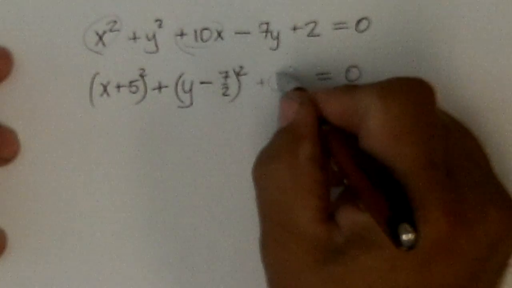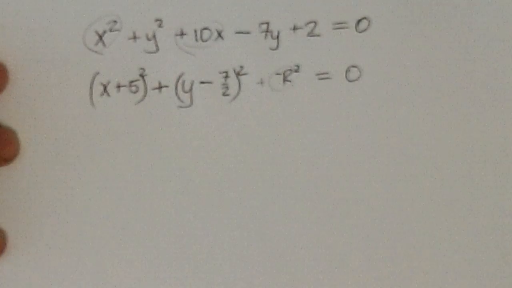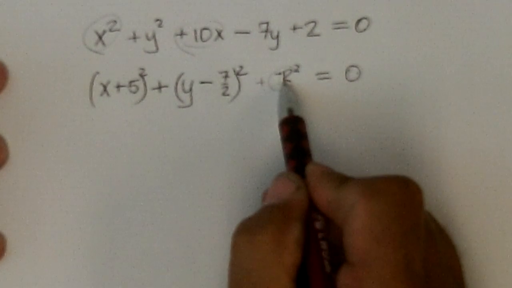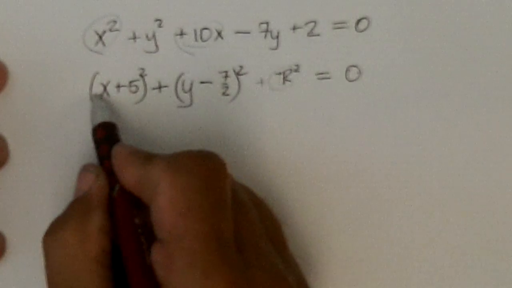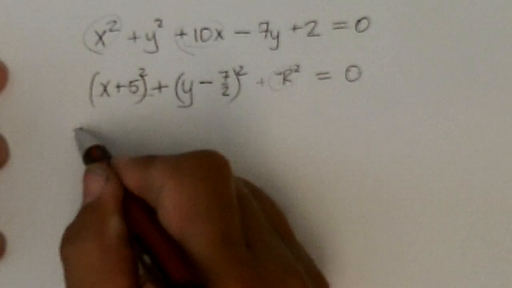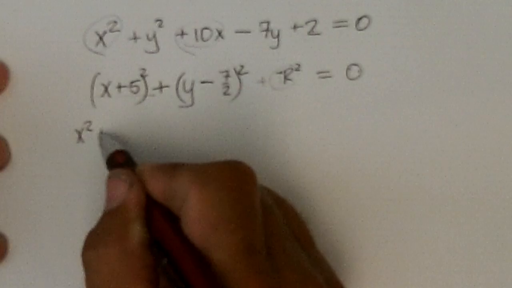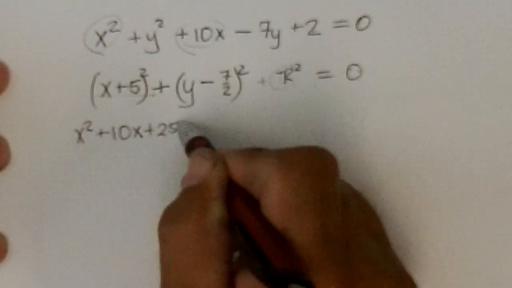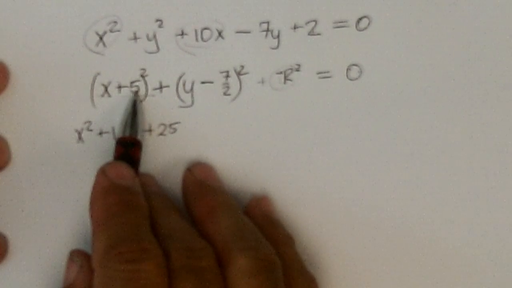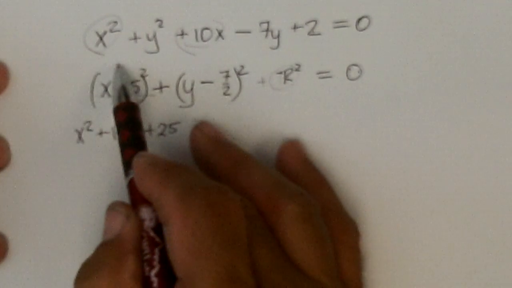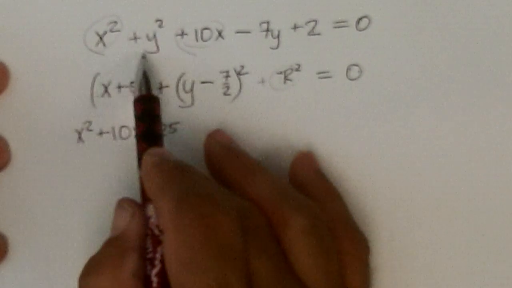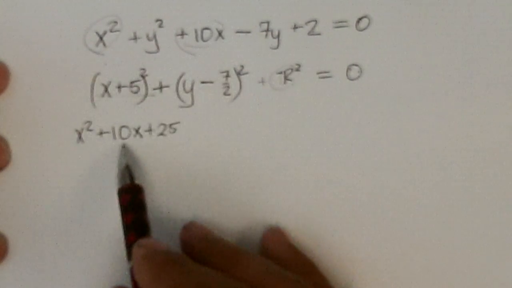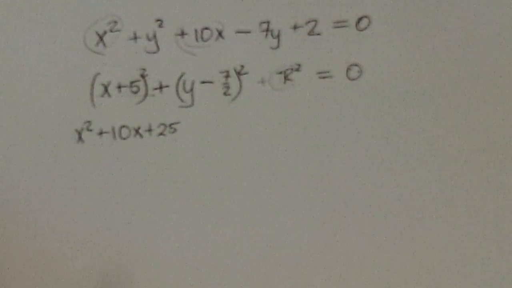So this is the negative of the r squared, because over here it's r squared. So let's figure out what that has to be. This multiplied out is x squared plus 10x plus 25. I'm just thinking in my head: x plus 5 times x plus 5, x times x, x times 5, 5 times x, and 5 times 5. I just did all that in my head.